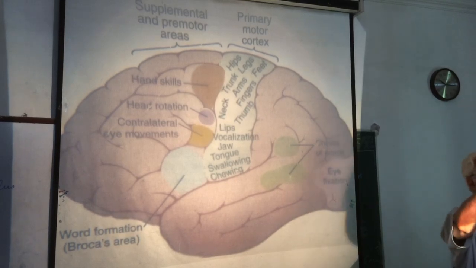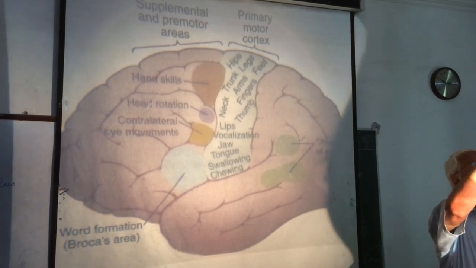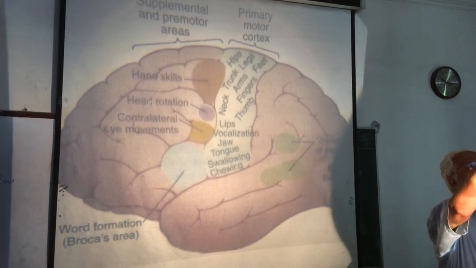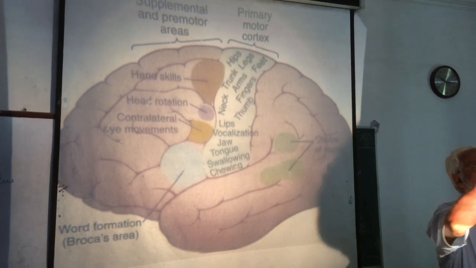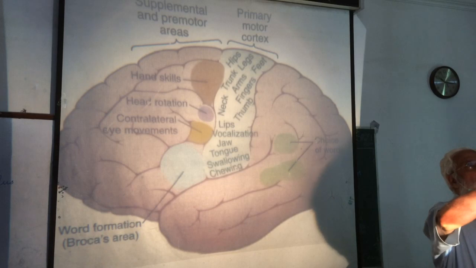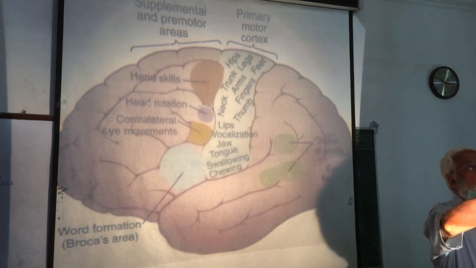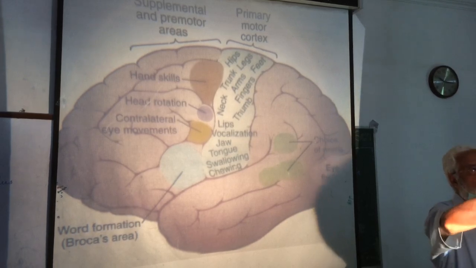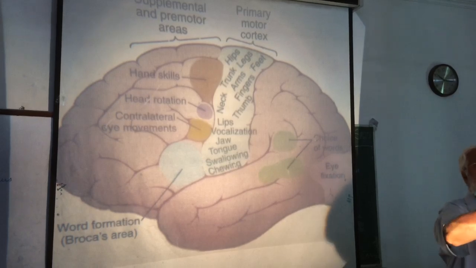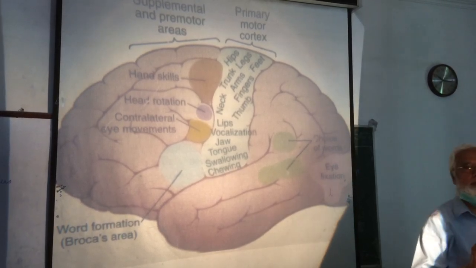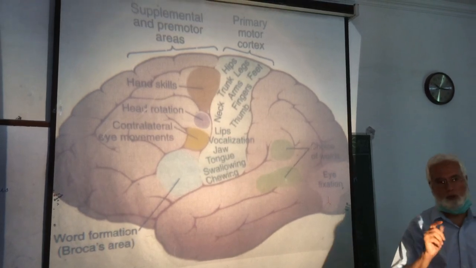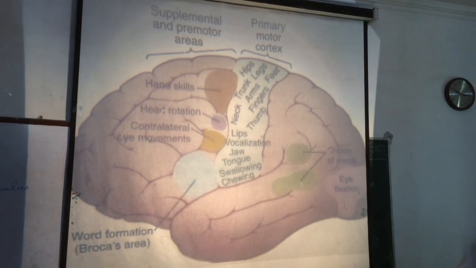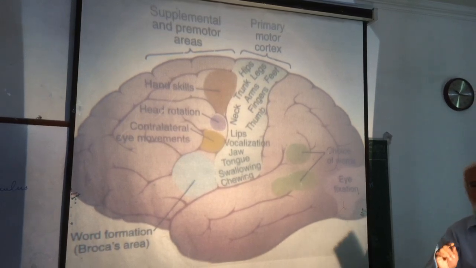Of course, hands are like this, face and eyes are like this, and the hands get hold of some support, and then the person can climb up. This is the attitude position. In this positional or attitudinal movement, there is involvement of the supplementary motor area.